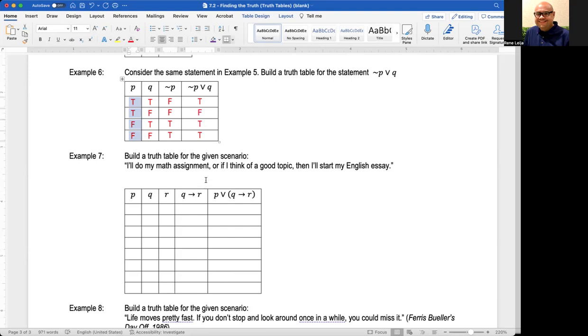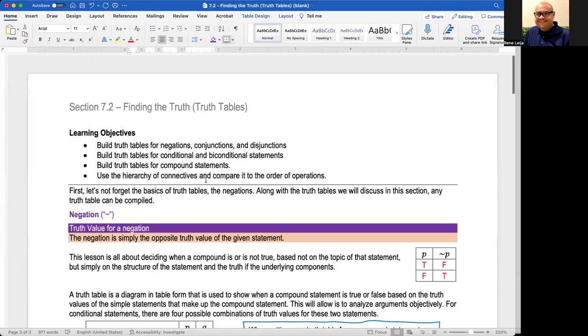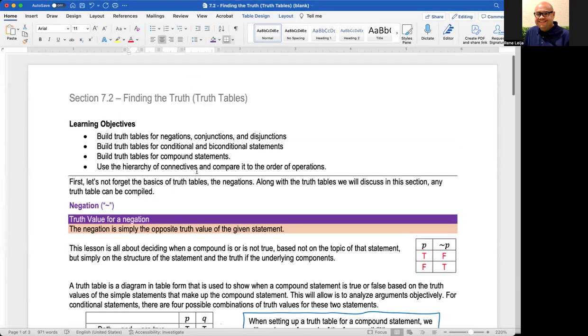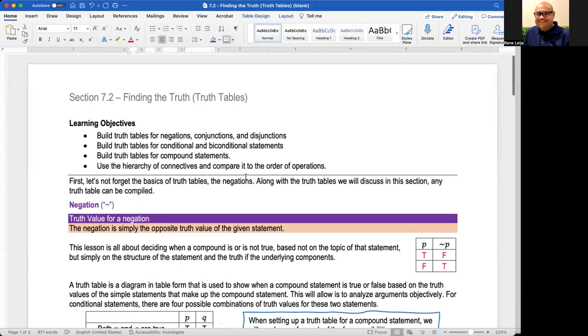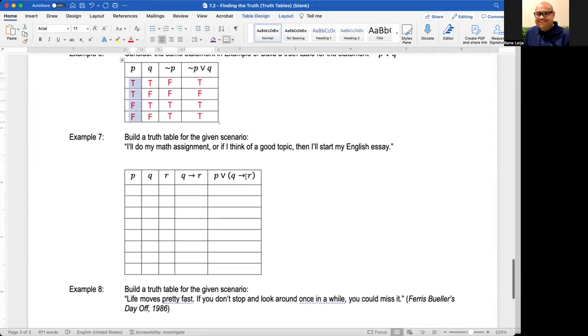And this is where, back up at the very beginning, when we talked about using the hierarchy of connectives and comparing it to order of operations, that's what this is talking about. So notice that here's the or. So it's this or this. I'll do my math assignment, or then I have this if then statement, which is a conditional.